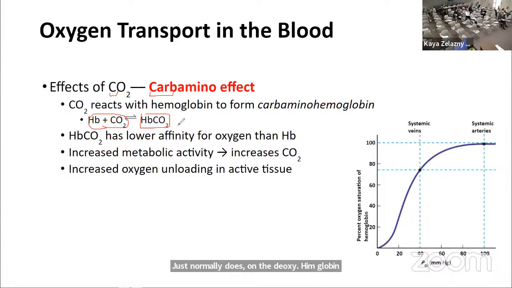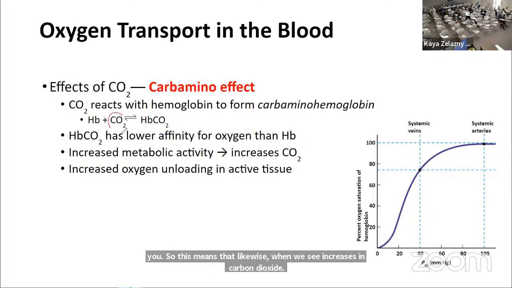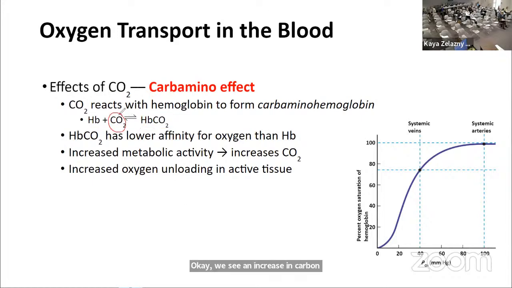Okay. So lower affinity means it doesn't want to bind oxygen so much, right? So this means that we are going to let go of oxygen more easily than we otherwise would, right? They're just like weaker magnets for each other when they have this lower affinity, right? So this means that likewise, when we see an increase in carbon dioxide, this is also going to follow the law of mass action.